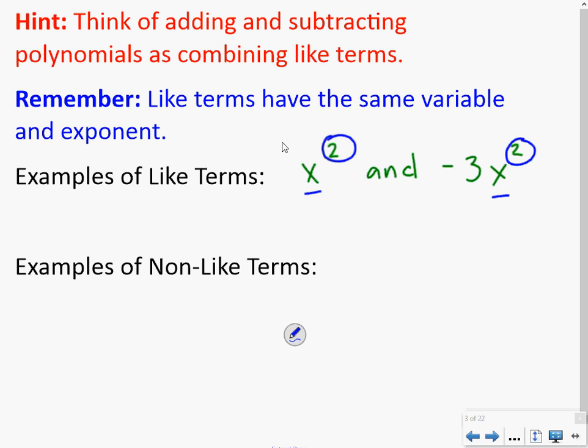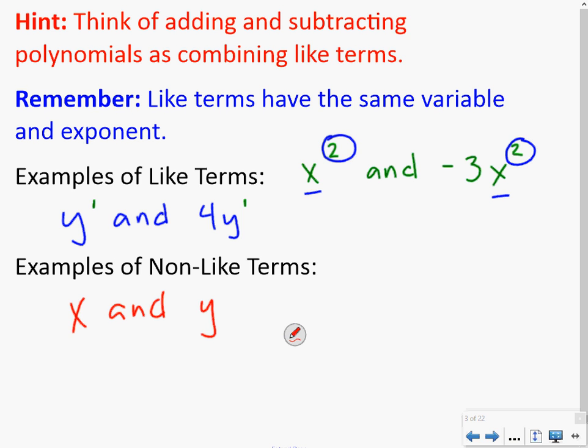Another example would be y and 4y. Again, we have the same variable y, and they both have the same exponent of 1. So we would be able to combine those together. Examples of non-like terms would be different variables, such as x and y.